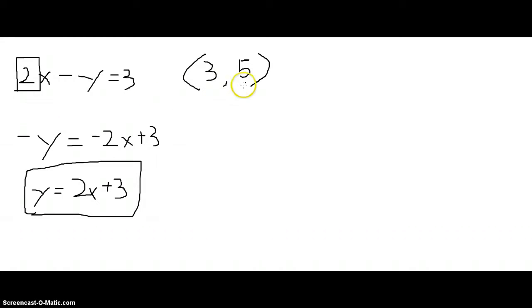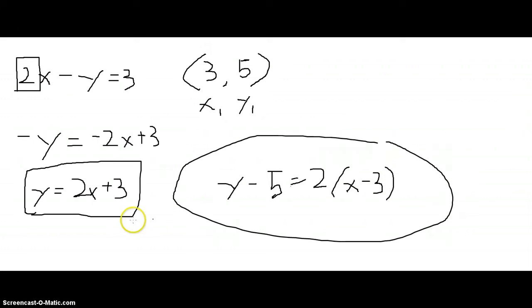But since we have 3 and 5, we are going to have y minus 5 equals 2, because remember the parallel line's slope is exactly the same, times x minus 3. And that's that in point-slope form. And that's your answer. Y minus 5 equals 2 times x minus 3.